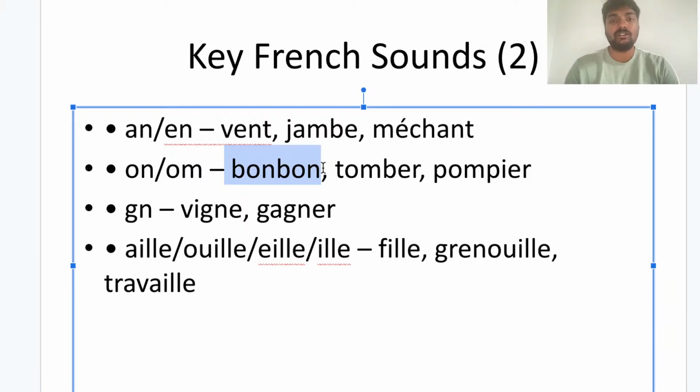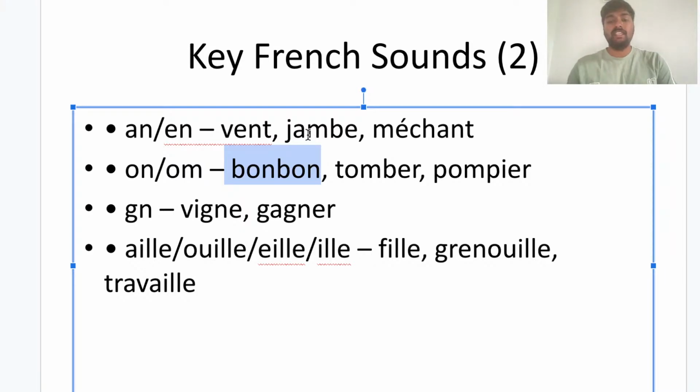There is L, but you're not pronouncing L. Yeah, that's how French is. If two L's are together, you mostly don't pronounce it. Mostly, 90% of the time I would say you wouldn't pronounce it. So over here, let's see, fille, grenouille, travail.